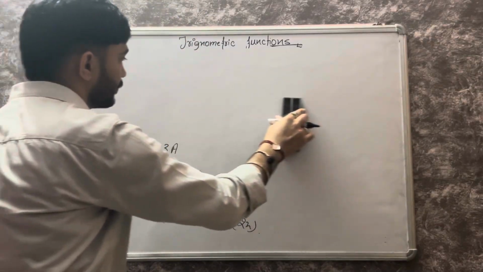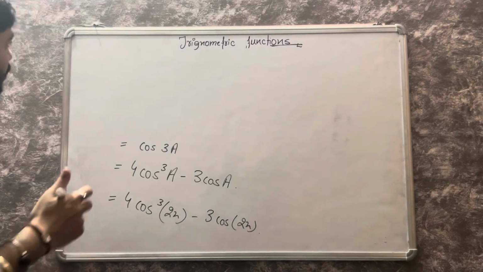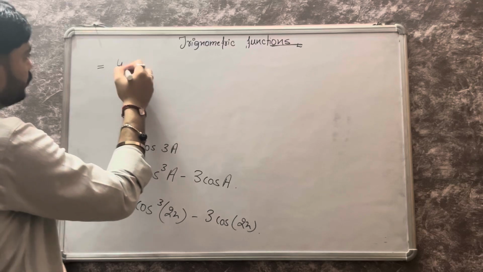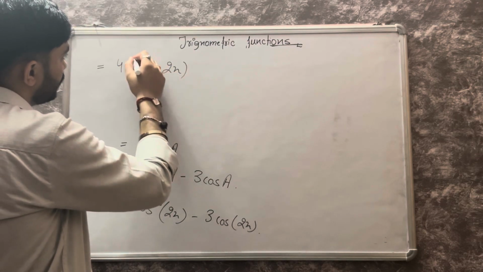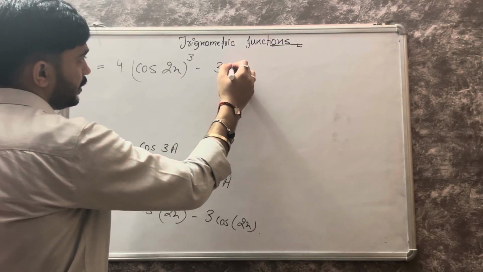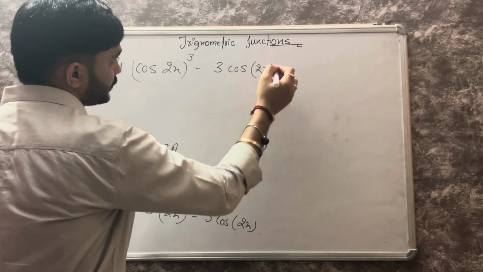That is 4 cos 2x whole cube minus 3 cos 2x.